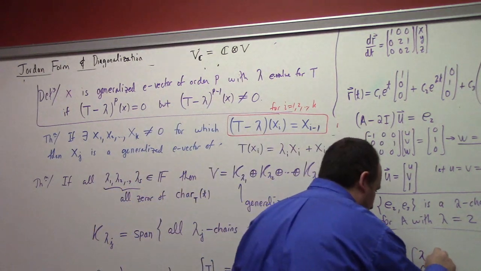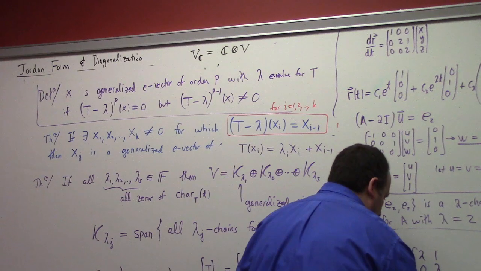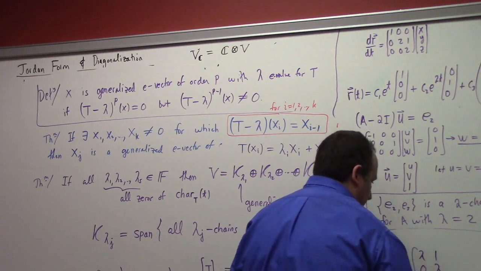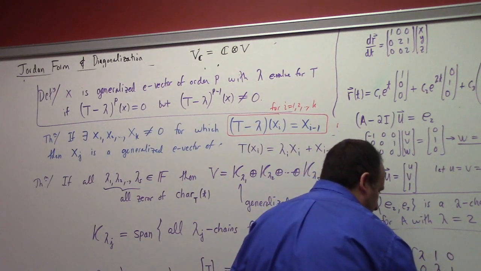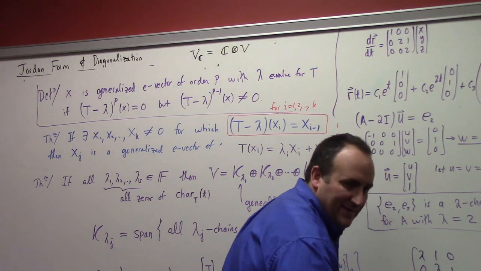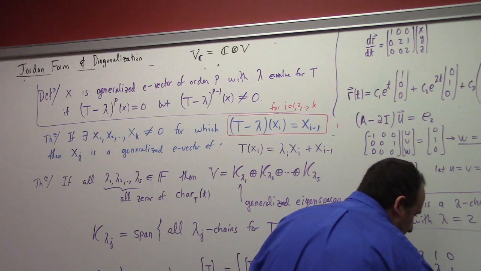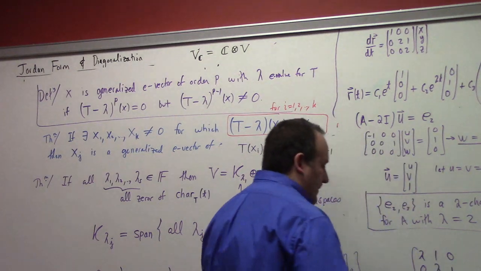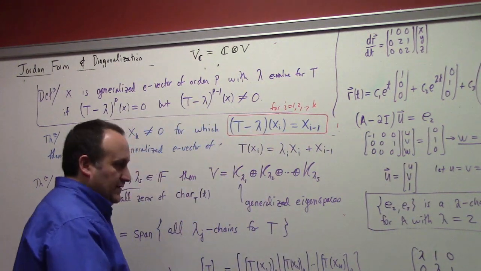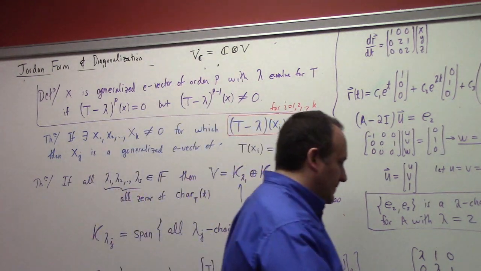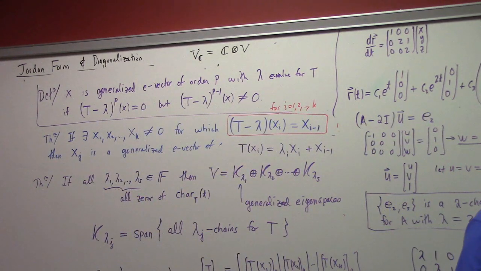So we get 1, lambda. And the next thing you're going to get is 0, 1, lambda. All right? And that continues, all the way down to the last one, which has got a 1 on its superdiagonal like that. So this, by definition, is what I call the kth Jordan block of lambda.